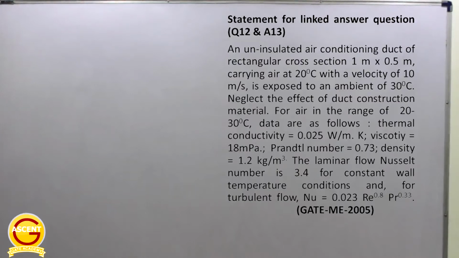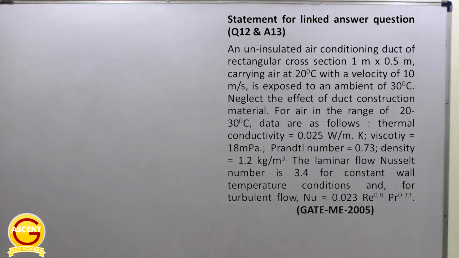Neglect the effect of duct wall thickness. Properties for air in the range of 20 to 30 degrees Celsius are as follows: conductivity is 0.025, viscosity is 18 micropascal second, Prandtl number is 0.73, and density is 1.2 kg per meter cube.